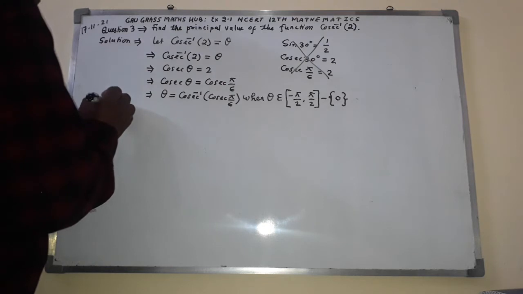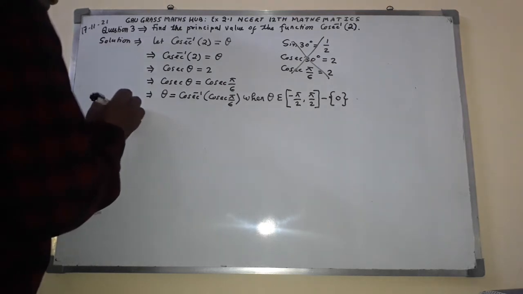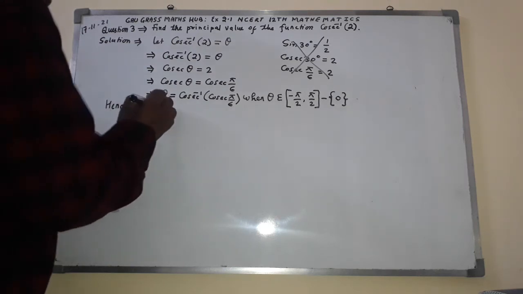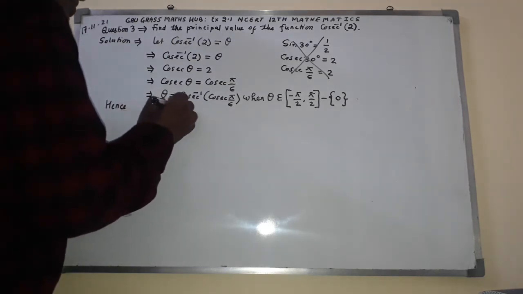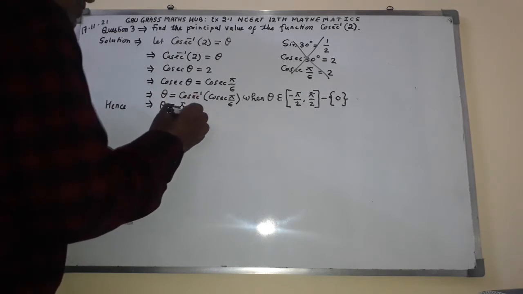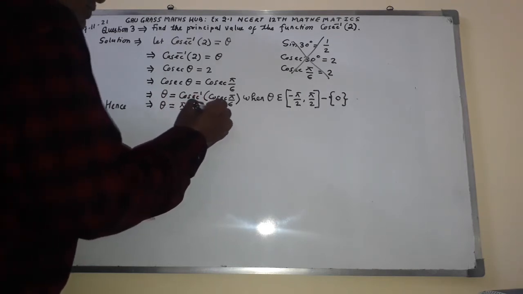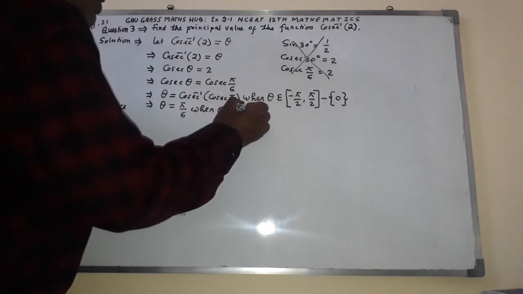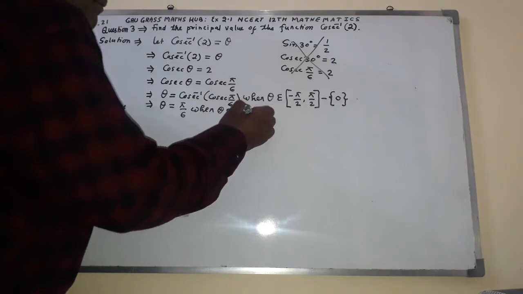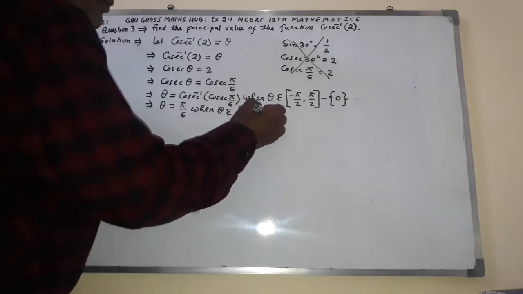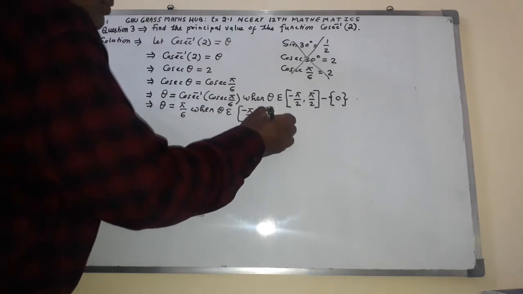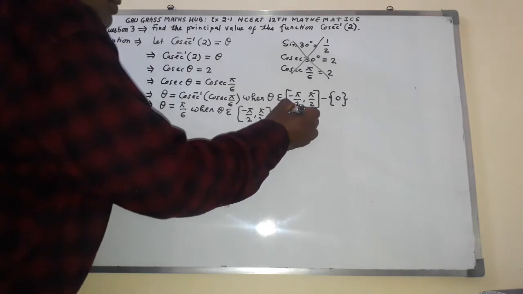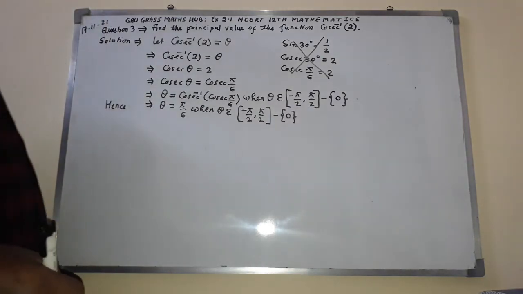Hence you will get theta equal to pi by 6, when theta belongs to the closed interval minus pi by 2 comma pi by 2, minus the set containing 0.